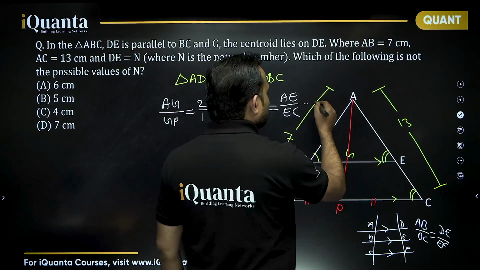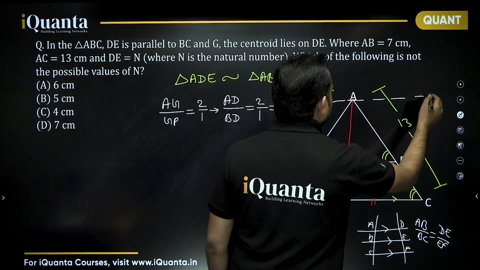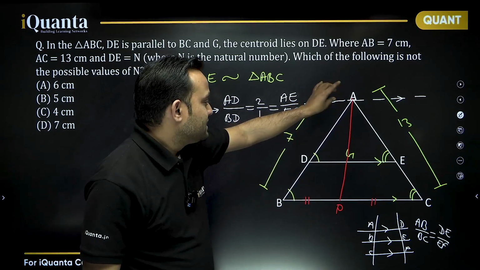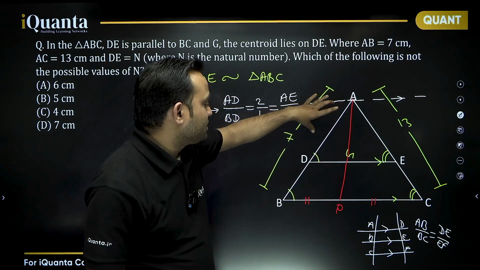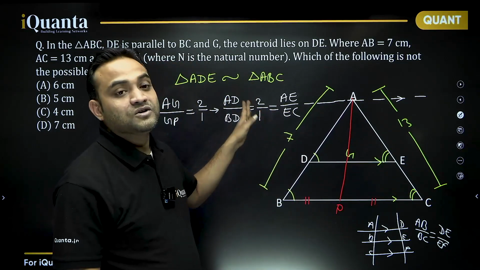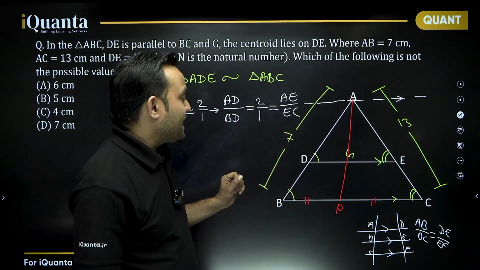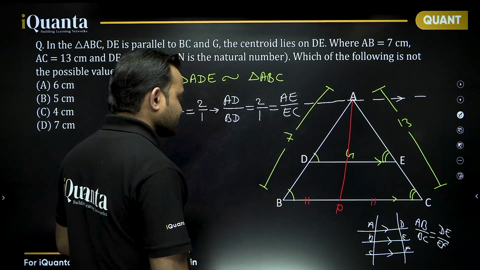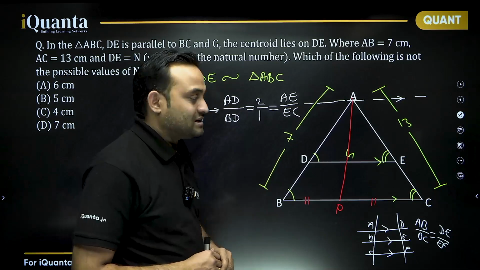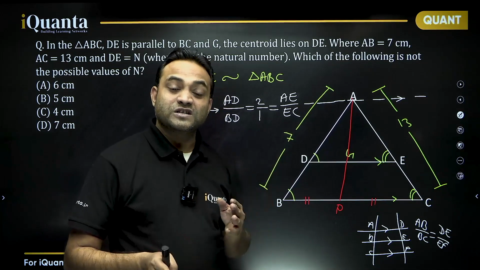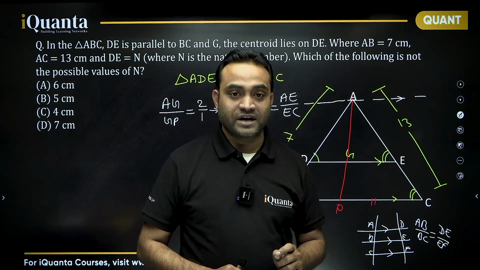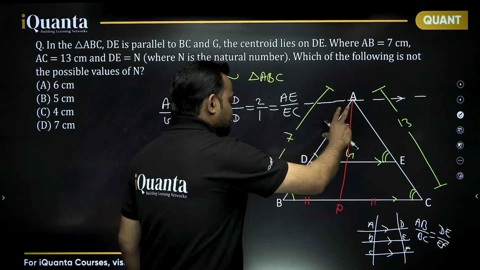You can imagine an imaginary parallel line here. Can we say now that AG is to GP is equal to AD is to BD is equal to AE is to EC, which is nothing but 2:1? So what can we say about two similar triangles? That the ratio of corresponding side lengths or any linear lengths are equal, right? So what is AD upon AB?